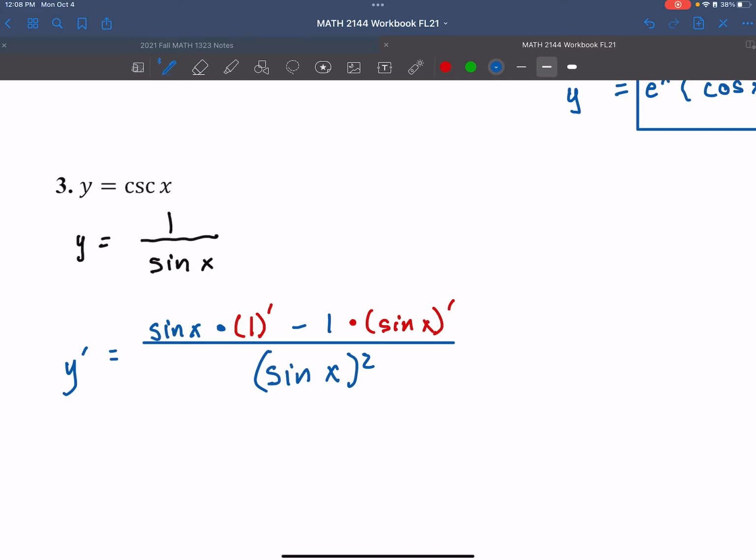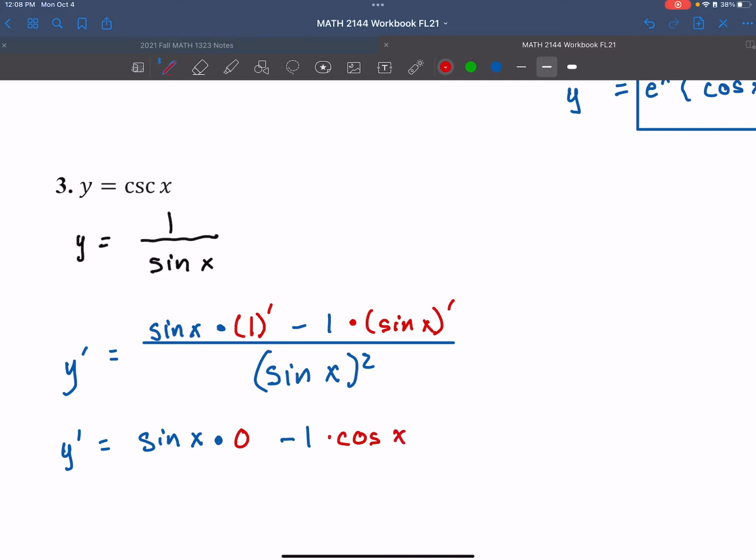So now let's take the derivative in the ones that are in red. So this will be sine of x. And then what is the derivative of 1? 0. Remember, the derivative of a constant is 0. So this will be 0. So that little 1 prime is the derivative of 1. Minus 1 times the derivative of sine. And again, what is the derivative of sine?